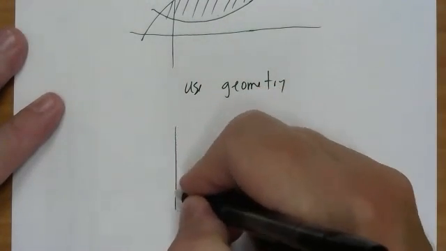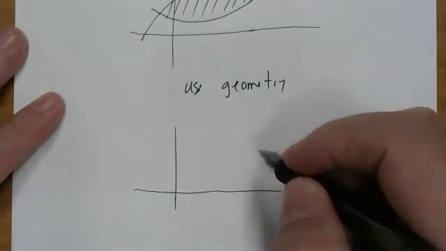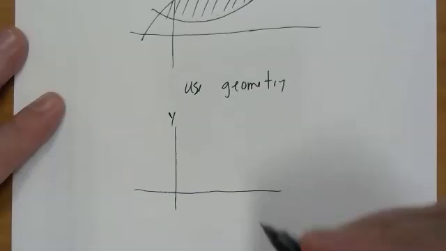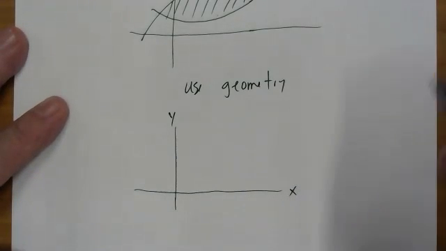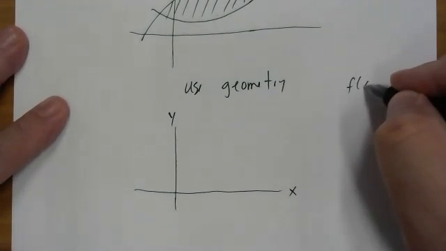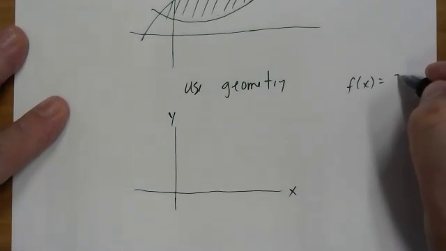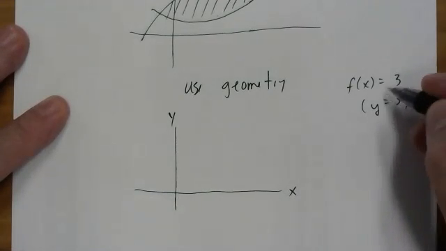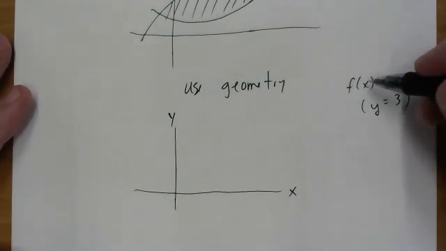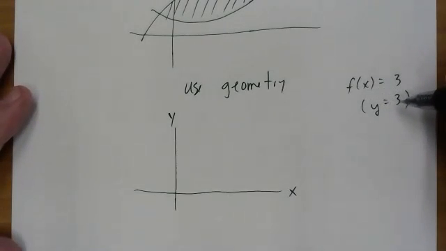So for instance, very simple, straightforward example. Say if I have a function equal to 3, anytime you have f of x, you can replace it with y. So think of a function or a graph y equals 3.